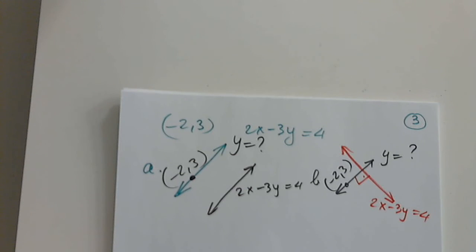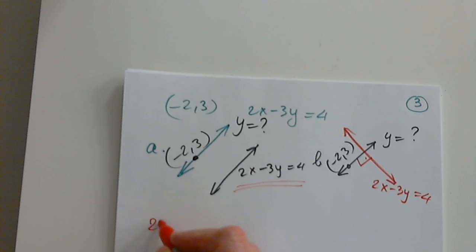So let's start with the first scenario. What do we do? I would convert the equation to y equals mx plus b. Correct, excellent. Thank you, Amari. Amari says to solve this equation for y.